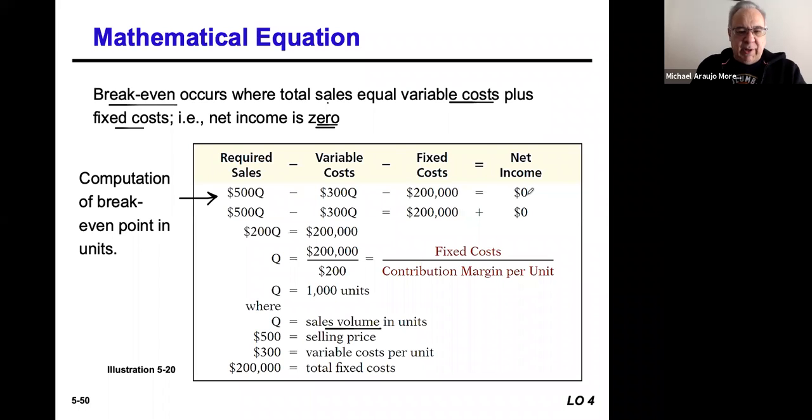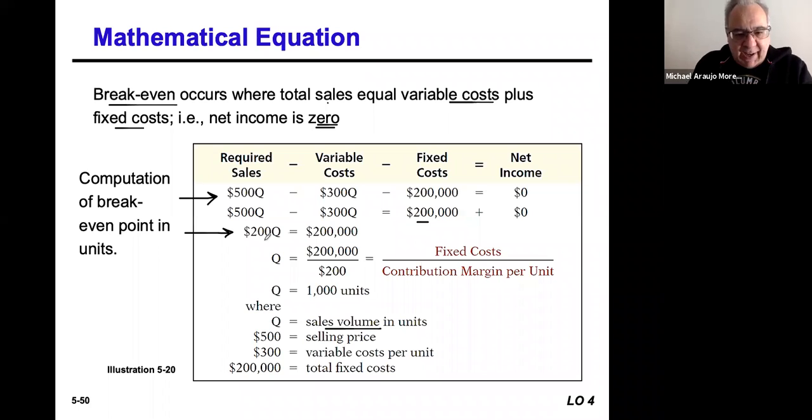Right, so first thing we need to do is get all the Q's on the left and the regular numbers on the right. So we are going to add 200,000 to both sides, which moves the 200,000 here, and since the variable is equal, we can simply subtract them out, and so we have 200Q equals $200,000.